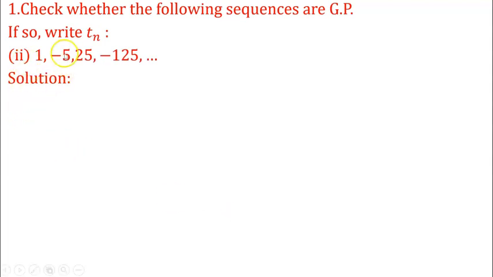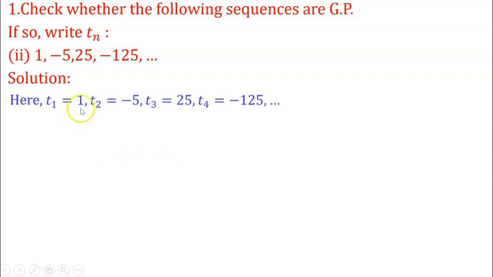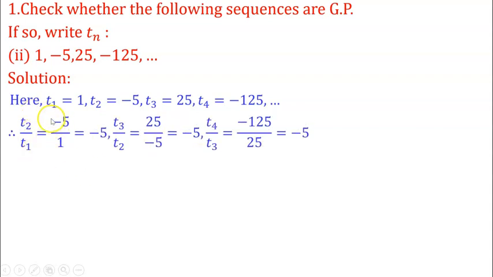Next, 1, minus 5, 25, minus 125. T1 is 1, T2 is minus 5, T3 is 25, T4 is minus 125. T2 upon T1 is minus 5 upon 1, minus 5. T3 upon T2 is 25 upon minus 5, minus 5. T4 upon T3 is minus 125 upon 25, that is equal to minus 5.